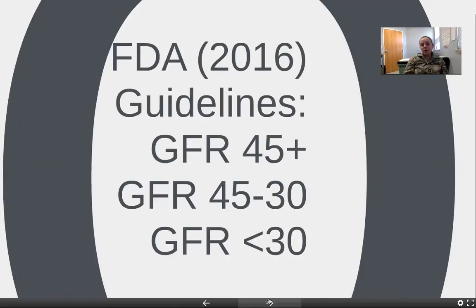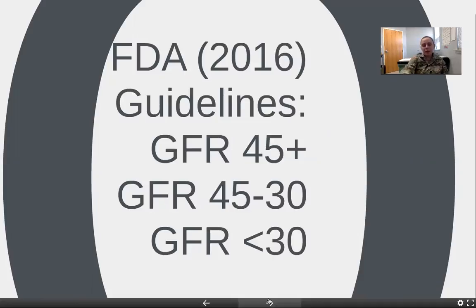But if the GFR was 45 to 30, and like in Larry's case, he's been on it long term, you could keep him on the metformin. Some may opt to reduce the metformin, although the research that's currently out is inconsistent. However, if the GFR is below 30, it's an absolute indication to stop your metformin.